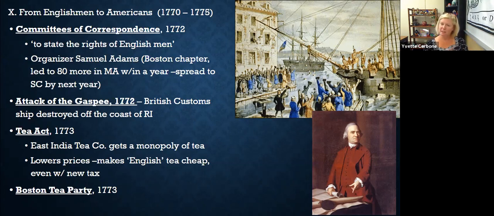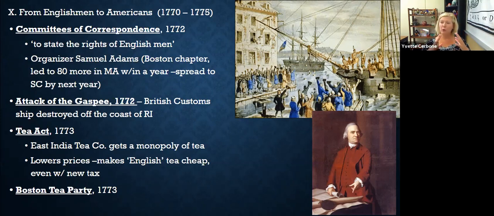He was a cousin of John's. He will be integral in what is known as the Committees of Correspondence. These will be groups of people who knew each other in various colonies, and they were constantly writing. Part of the reason is that over time, you began to see newspapers that had a particular, perhaps, political bent.